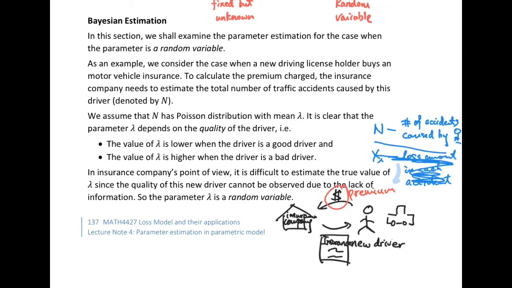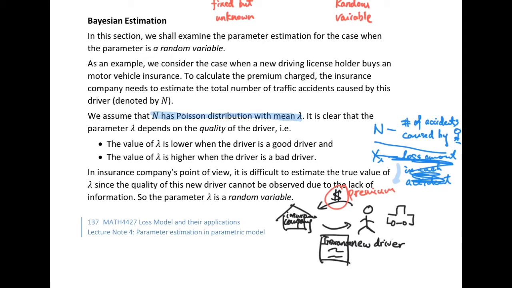In order to get the distribution of N, first of all you assume what kind of distribution N will follow. In most cases, we will assume that this claim frequency follows the Poisson distribution, because this is a useful distribution used to describe how many accidents happen within a certain period of time.